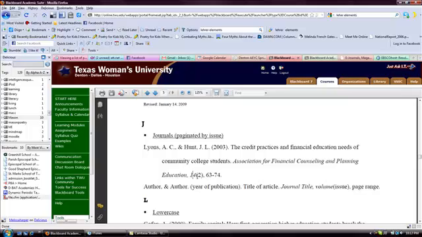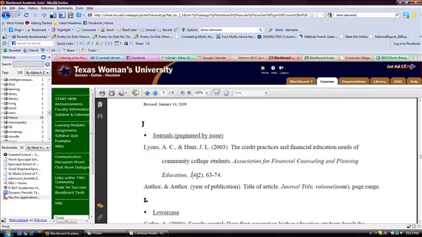For journals that are consecutively paginated, what that means is issue number 1 will start with page 1, and it will go through, let's say, page 312. Issue number 2 will pick up with page 313 and go forward to the end. Let's say it ends with page 652.